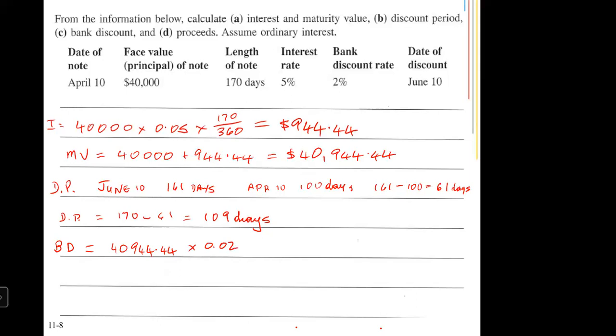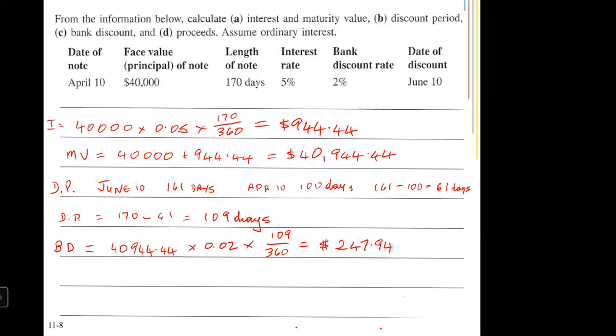And the time would be 109 days, 109 over 360. So once we multiply that, that should tell us how much the bank is going to charge for interest: $247.91. Okay, so that's your bank discount.